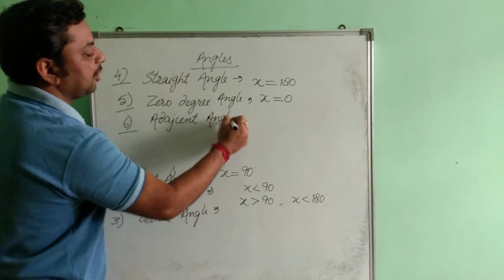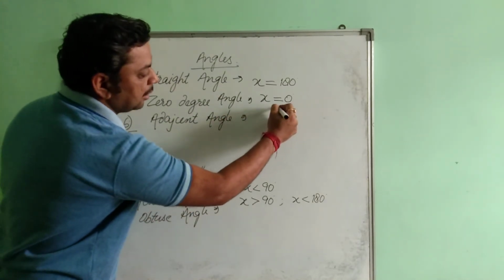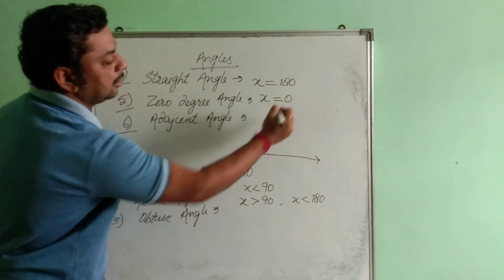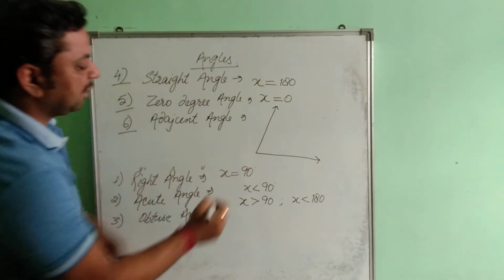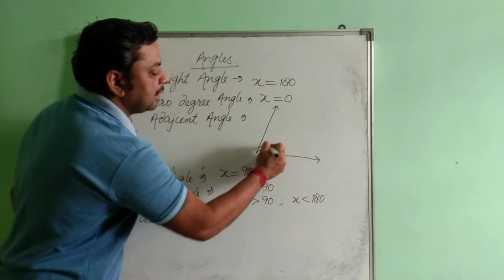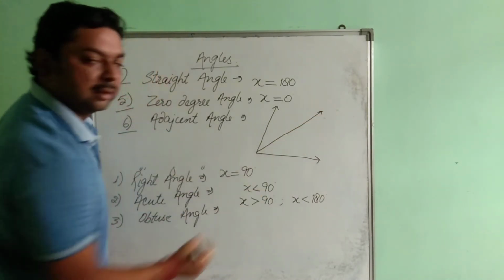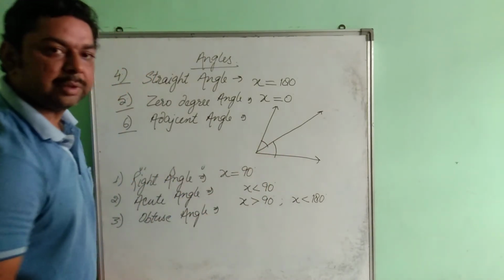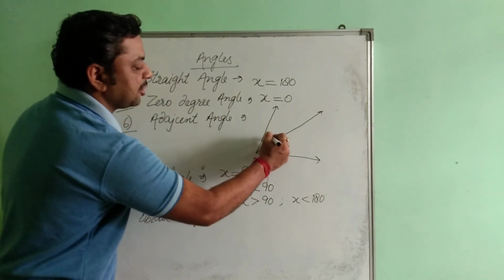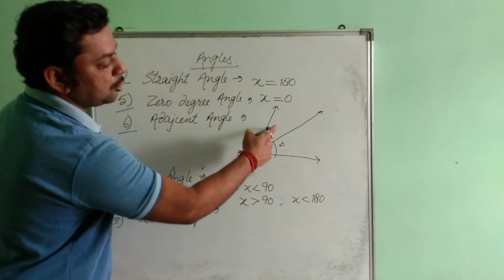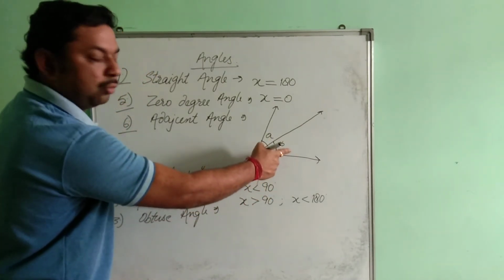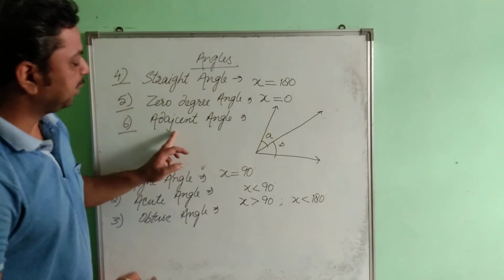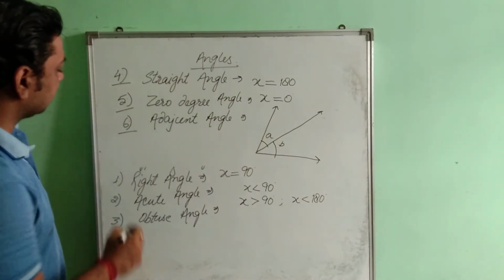In the case of adjacent angles, there are two rays, and in between the two rays there is a third ray. Then these two angles would be considered adjacent angles. So this is your A, this is your B. By combining these two, you will get your adjacent angle. So A plus B would be considered the adjacent angle.